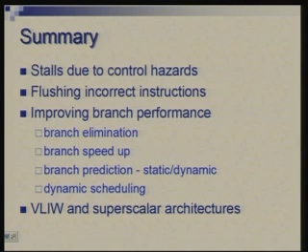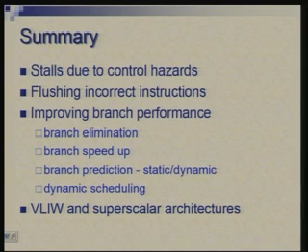Finally, to summarize, we looked at the stalls which occur due to branch hazards, and we saw how we can flush the instructions which may come up wrongly into the pipeline. We looked at several techniques to improve branch performance, including branch elimination, branch speed up, branch prediction in a static or dynamic manner, and dynamic scheduling.